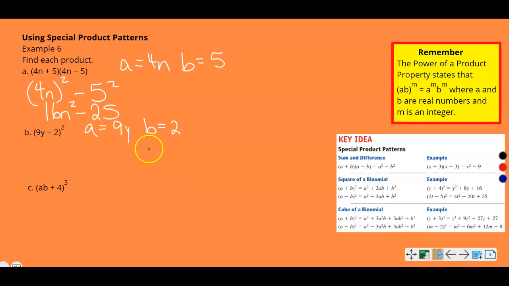All right, so we're going to do a squared, 9y squared, minus 2 times a times b, plus b squared.